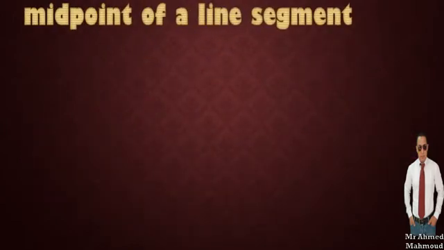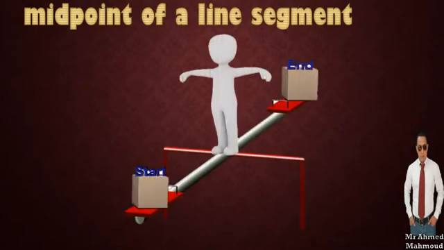First, I need to introduce what the meaning of the midpoint is. The midpoint is a point that lies at the center of the line segment, or the point which makes a balance in this line segment. We use this midpoint to find the coordinates of the midpoint.